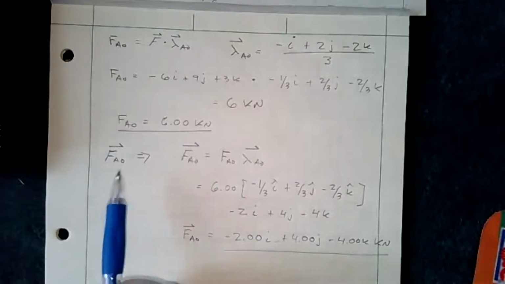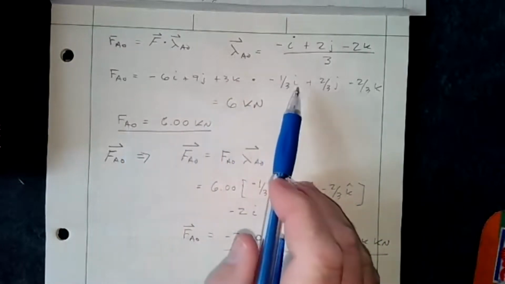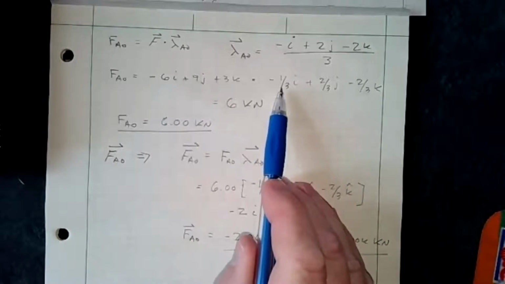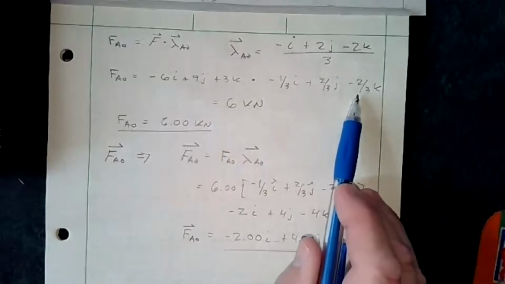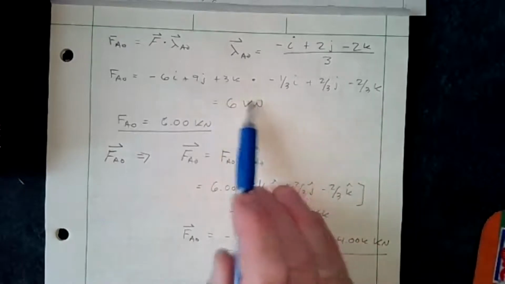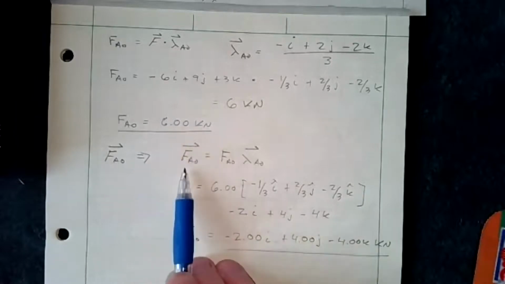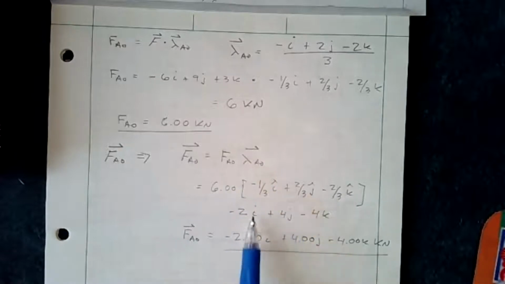So again, we started off finding the scalar just by doing this dot product. Negative 6 times negative 1/3 gave us a positive 2. This gave us 6. This gave us negative 2. And so the net was 6. So that's our magnitude. Then when we wanted to find that as a vector, we just took its magnitude times its unit vector, which was this. Get that? And that's our final answer.